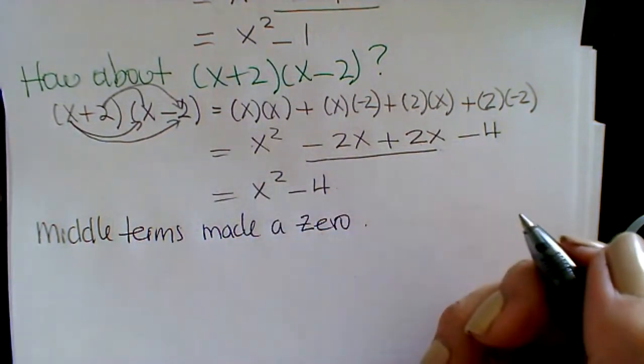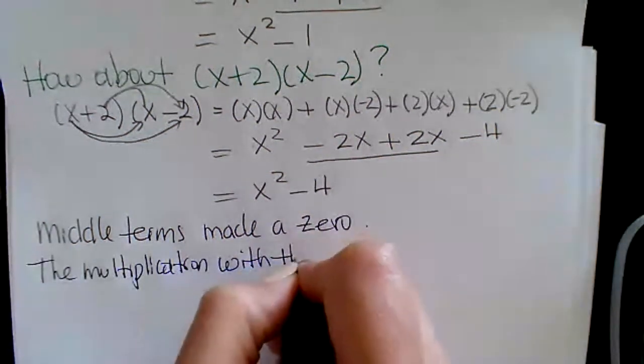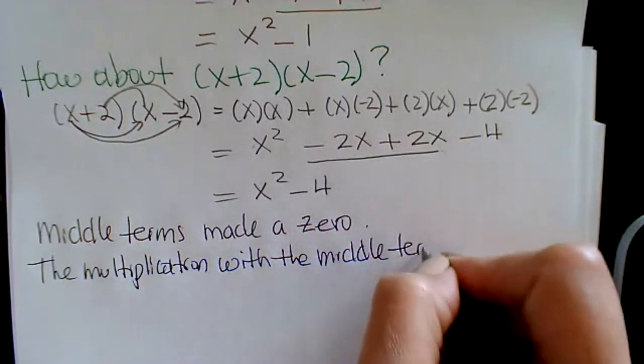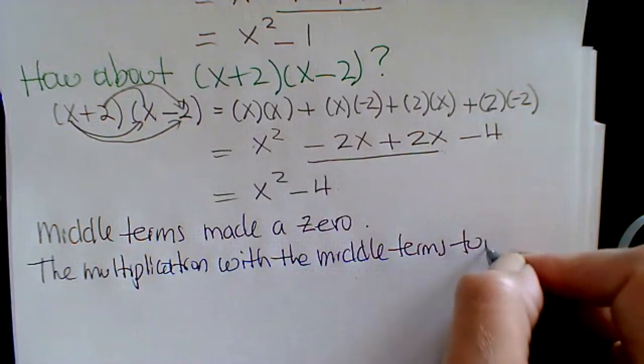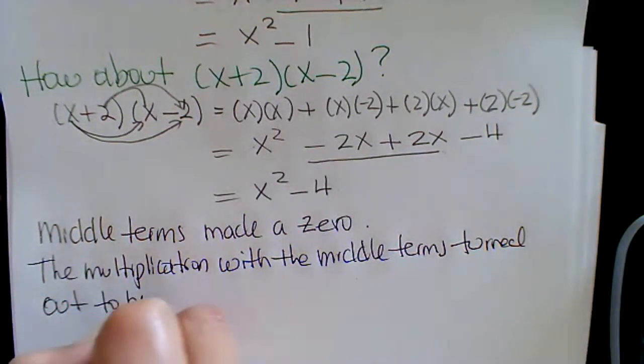That's what they did. The multiplication with the middle terms turn out to be what?